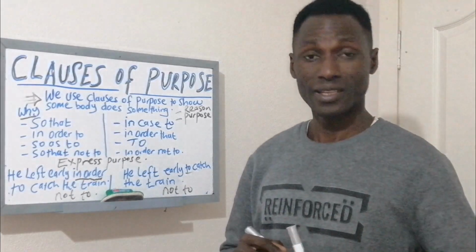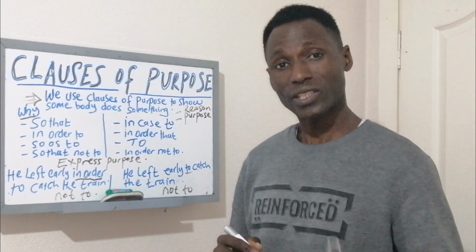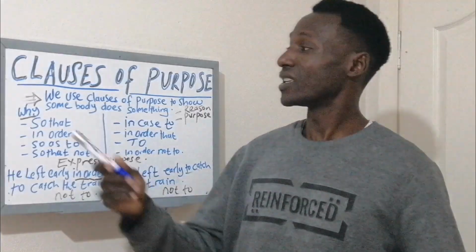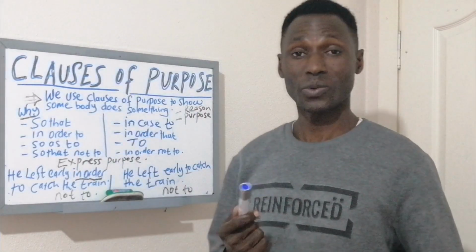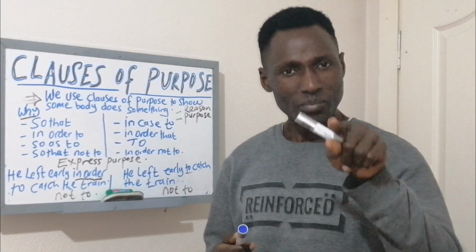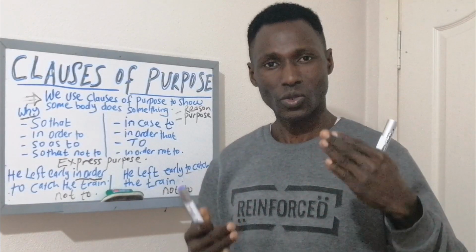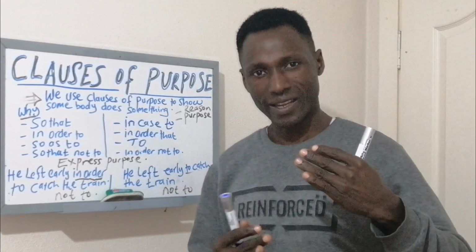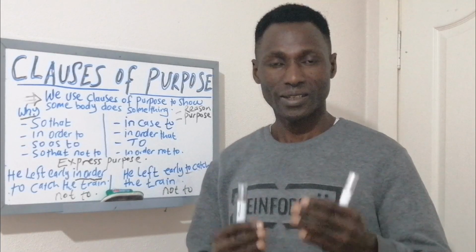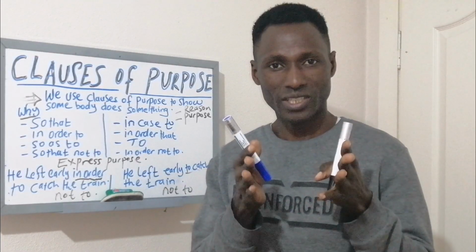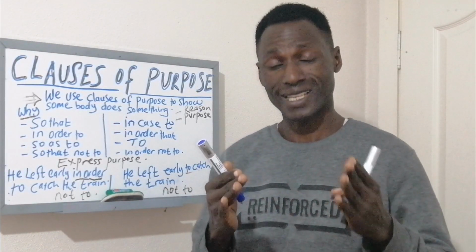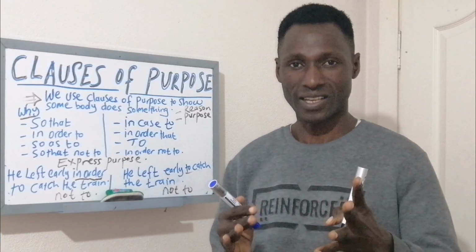And two, somebody is asking me, how would the structure of the sentence in the clauses of purpose look like? In my previous lesson, I talked about the clauses and infinitives. I gave the structure on how infinitives are used in a sentence.